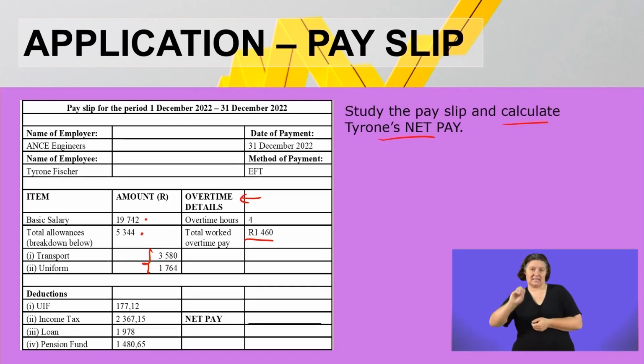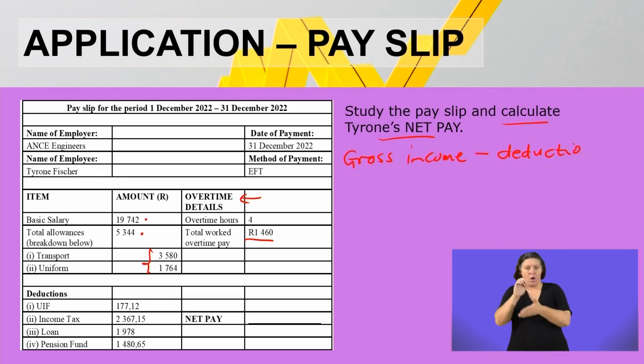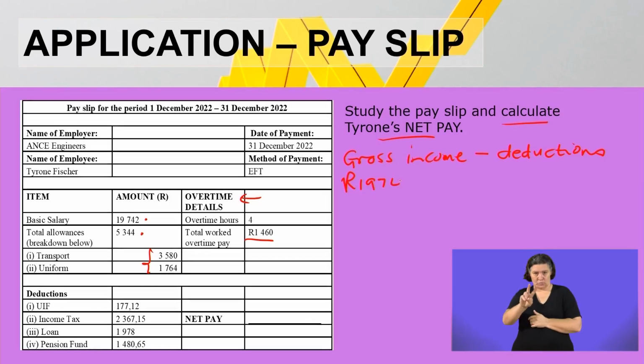For 4 overtime hours, you'll earn 1,460. So remember, I now need to get his gross income, meaning all the income before any deductions. Thereafter, I'll get all his deductions. So net income equals gross income minus deductions. Therefore, I'll take 19,742 Rand plus the 5,344 plus the 1,460 to get his gross income.